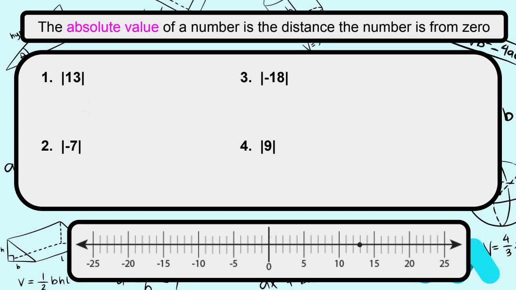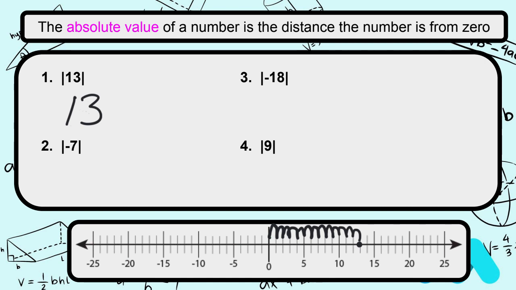I'm going to draw my black dot in there now. And then I'm going to count how many spaces to the left zero is. So it is 1, 2, 3, 4, 5, 6, 7, 8, 9, 10, 11, 12, 13. So absolute value of 13 is 13.